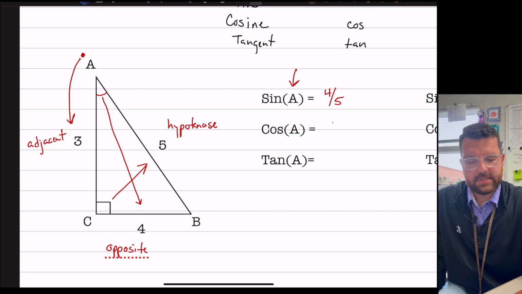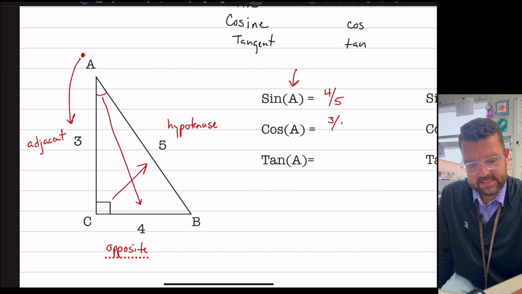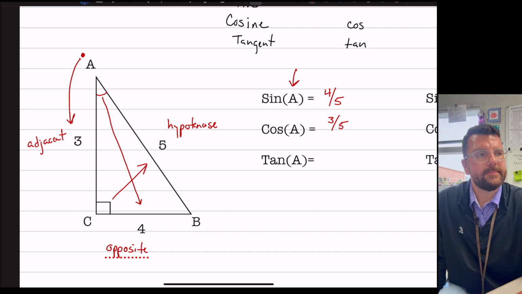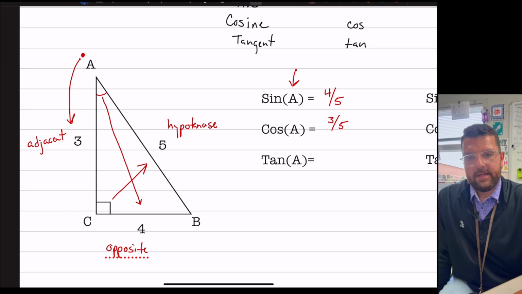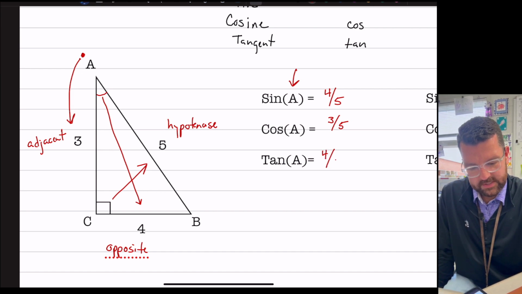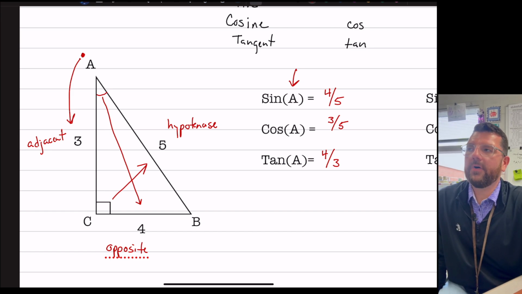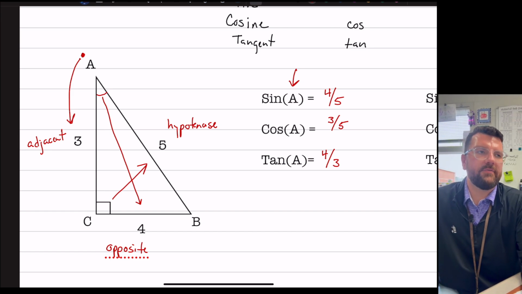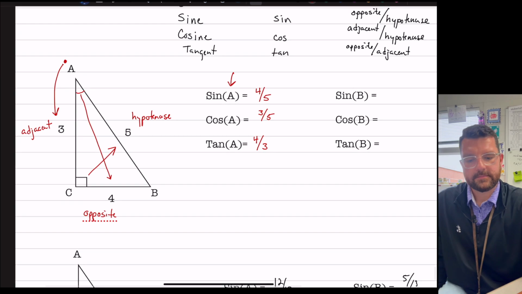My next one is cosine. That is the adjacent side, which is 3, over the hypotenuse, which is 5. And then my tangent ratio is the opposite, which is 4, over the adjacent, which is 3. And now I have all of my ratios based off of angle A.